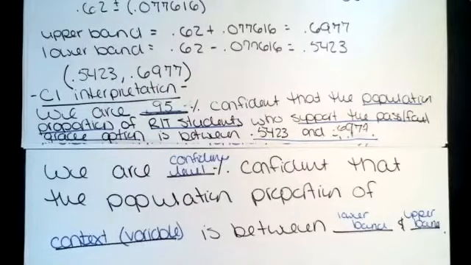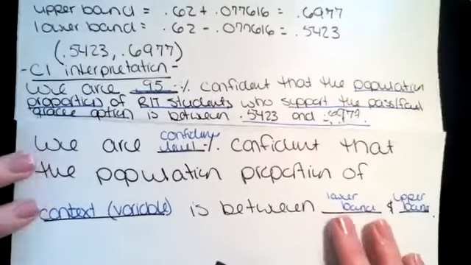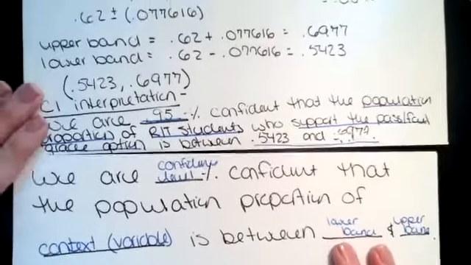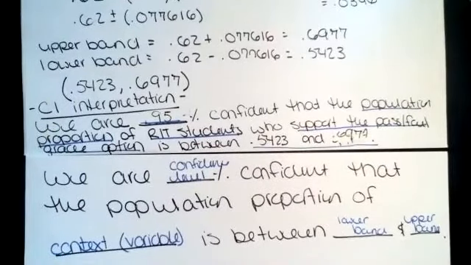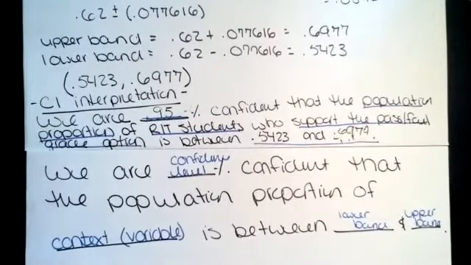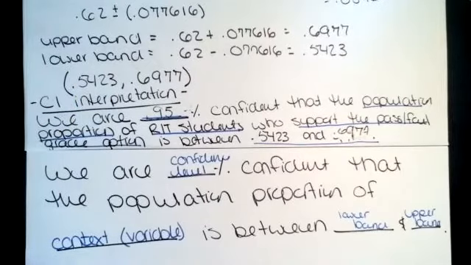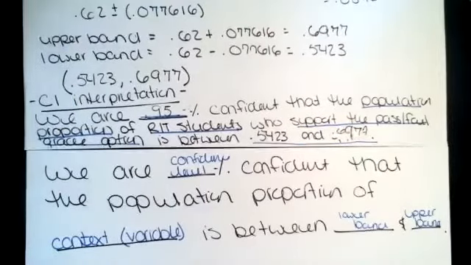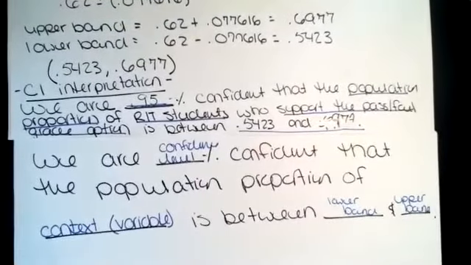That's what we're saying. Okay, so you could actually just report that to someone that's not in stats class. This is our statistical conclusion. But if you were just going to draw a conclusion without being statistical about it, you would just say between 54 and 70% of RIT students support that pass-fail grade option.